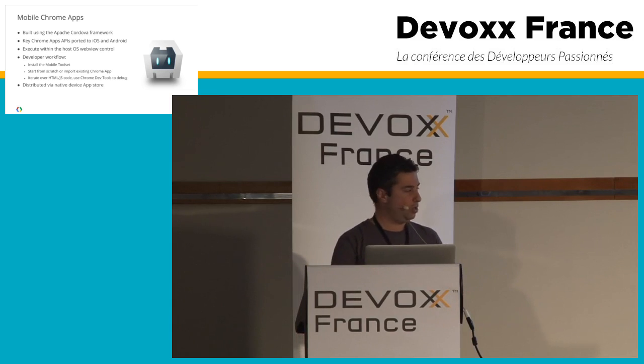So what we're doing is we're bringing key Chrome app APIs over to the iOS and Android platforms. So for example, the identity stuff I talked about before, the storage and syncing framework, the kinds of services you'd want to be able to have in a mobile app. Payments, we'll see if Apple lets us do that.